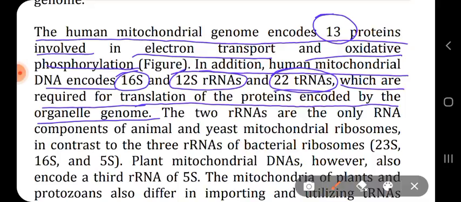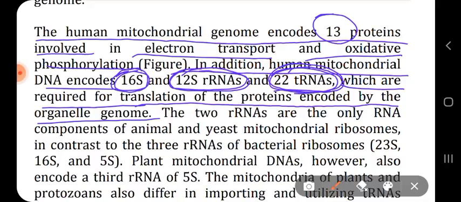In addition, the mitochondrial DNA of humans also encodes the ribosomal RNAs for the synthesis of ribosomal proteins, the 16S rRNA and 12S rRNA, and it also synthesizes the transfer RNAs, which are needed to transport specific amino acids to the site of the ribosome by matching the codon sequence of the mRNA with the anticodon sequence of the tRNA in the process of translation.